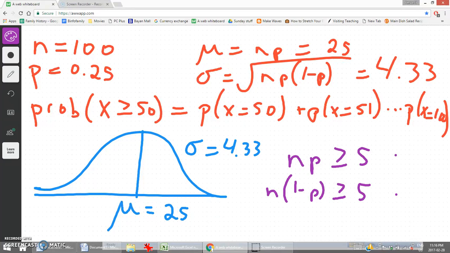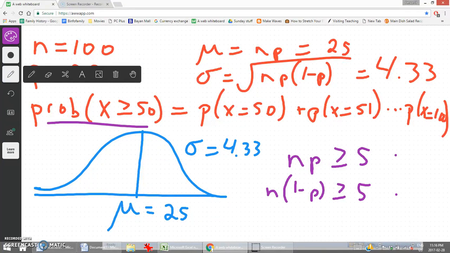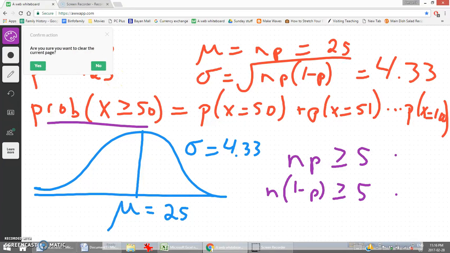So the two conditions are met, so that gives us the freedom to know that our final answer is going to be relatively close to the answer we would get if we were to do this calculation straight through a binomial. So I'm going to take a moment to erase this page so then we can move on.